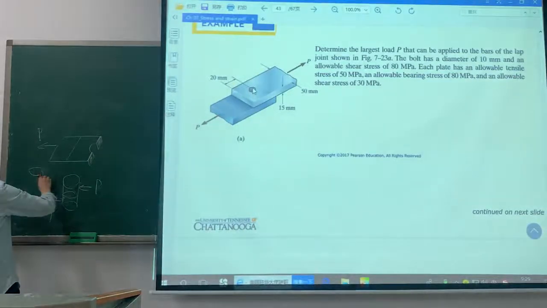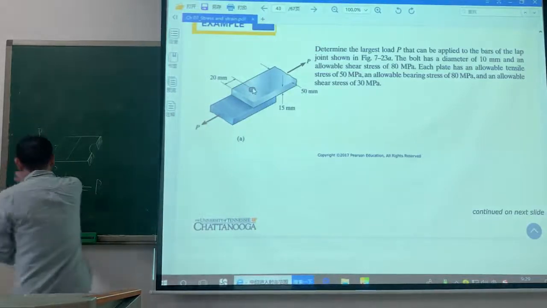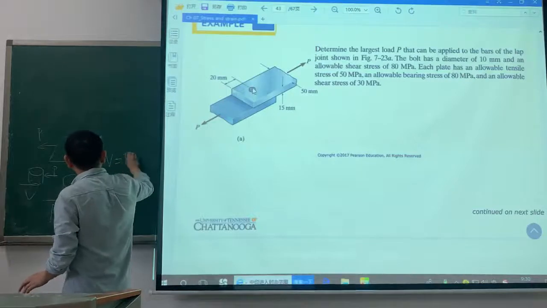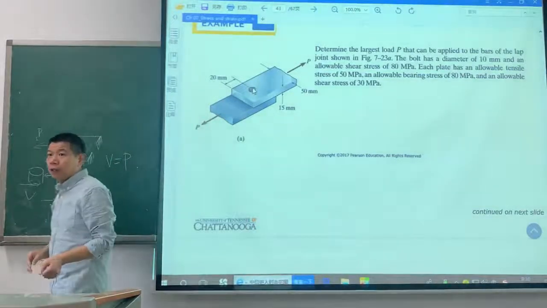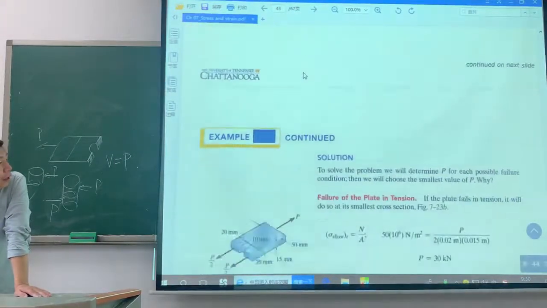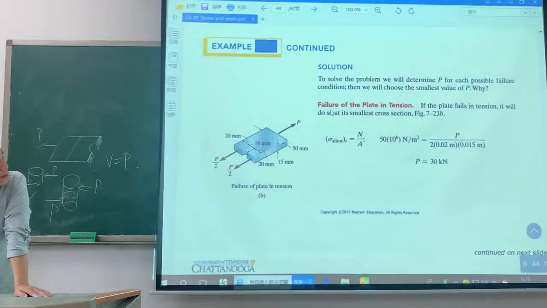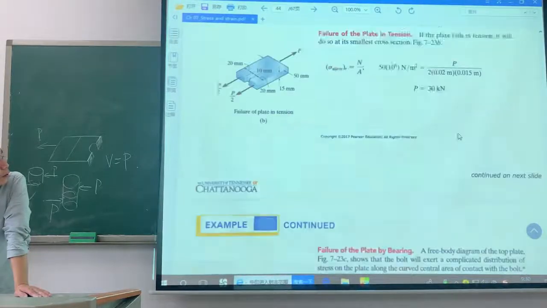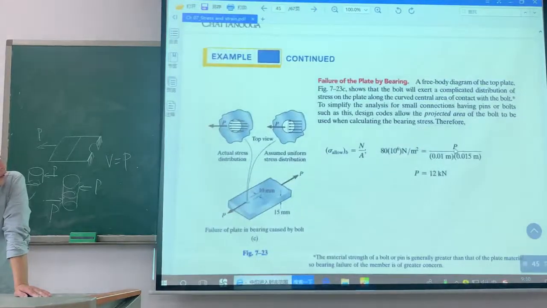So let's find the V. We can find the V is P. V is P. Understand?